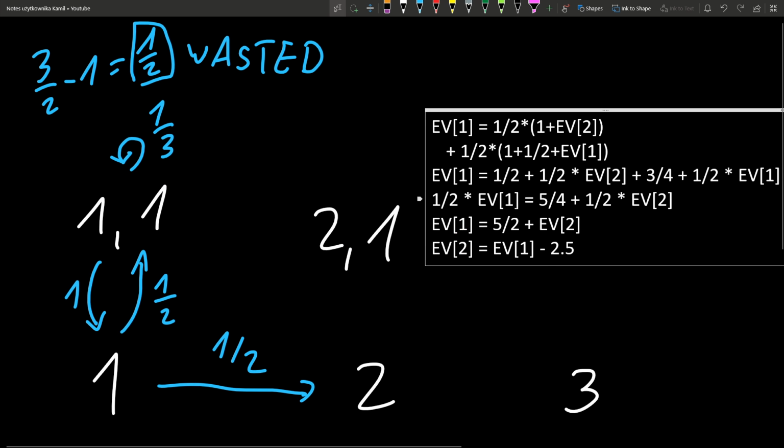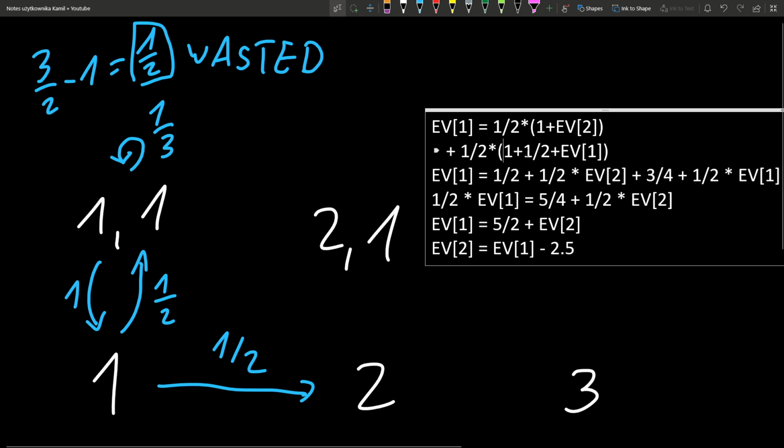Let's again follow the free term here. With probability half, I move forward. This is one step. Otherwise, with probability half, we make a step up, we waste some time, and done. Then this is in total 1.5 times half.